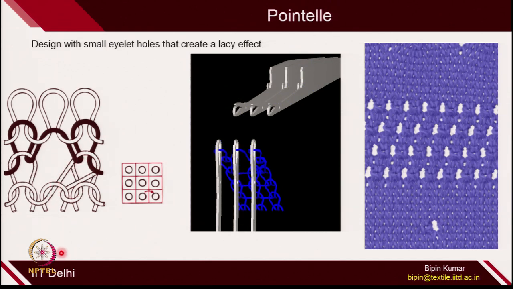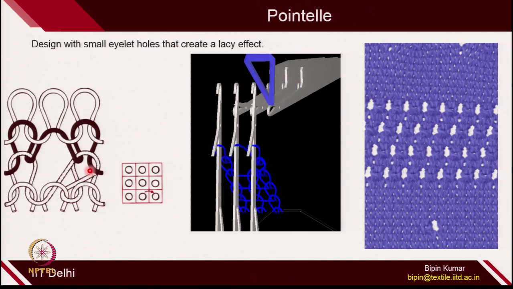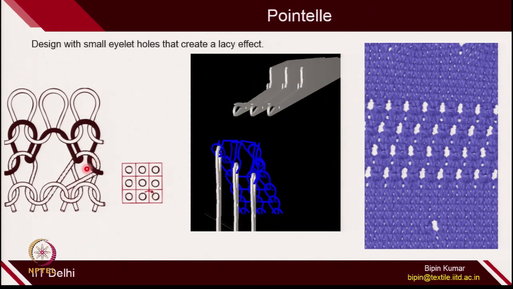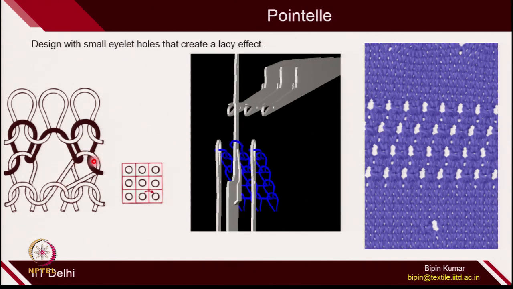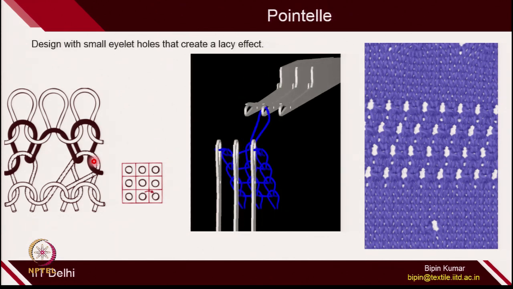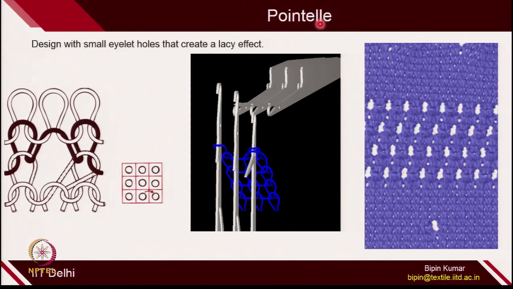Ideally this column should follow a straight line, but because of the transfer to the next column, the path of the yarn is bending, and this is what you observe on the fabric surface also. If you remember the fabric photos which I just showed you, the yarn path was bending. So, this is what is happening in Pointelle design.